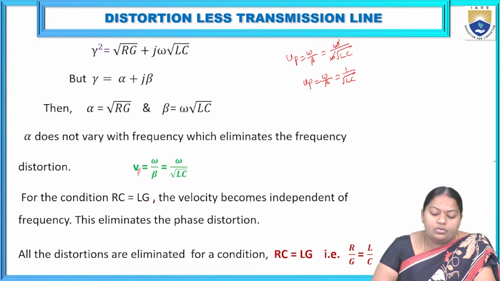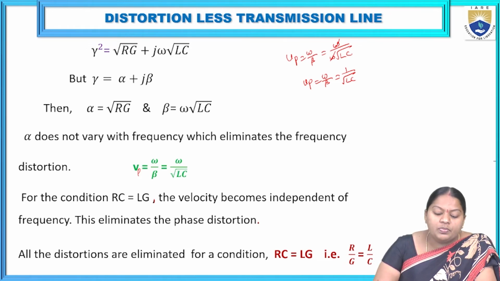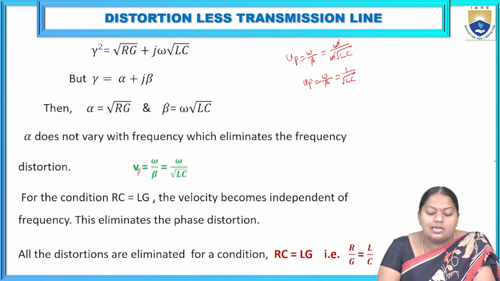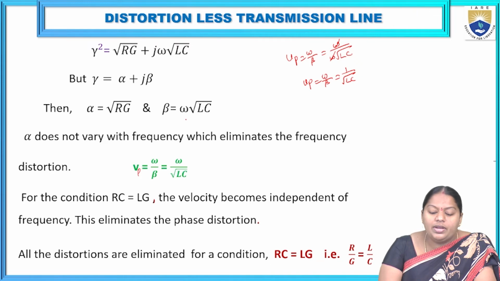Now, from the attenuation constant α and the phase constant β, how can we eliminate frequency distortion and phase distortion? For a distortionless transmission line, α is √(RG) and β is ω√(LC). Depending upon α, we can eliminate frequency distortion, because α does not vary with any frequency components.